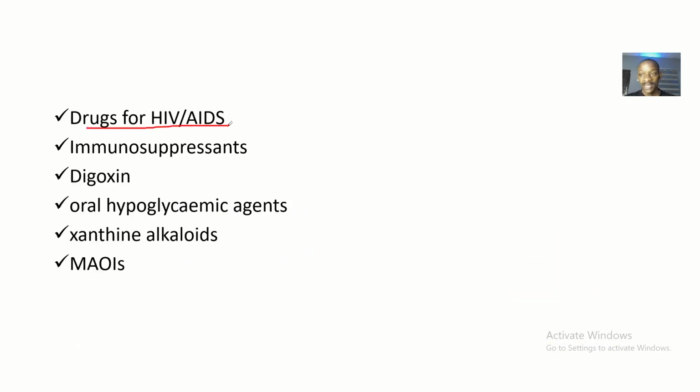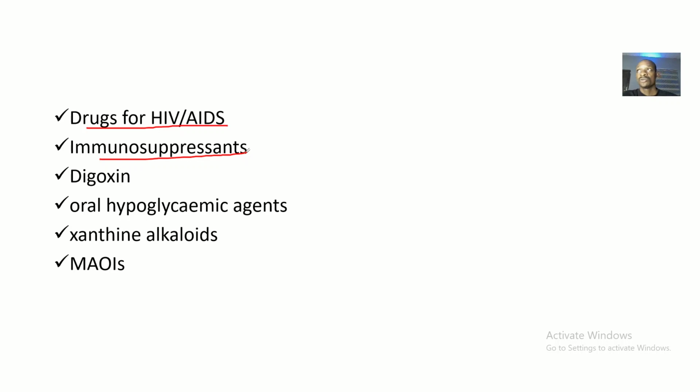Drugs for HIV/AIDS too are likely to put up a harmful drug-drug interaction in your body. That's when you combine them with other drugs. Do you understand? Then immunosuppressants. These are basically drugs that you take when, let me say, they did organ transplants to you. Do you understand?